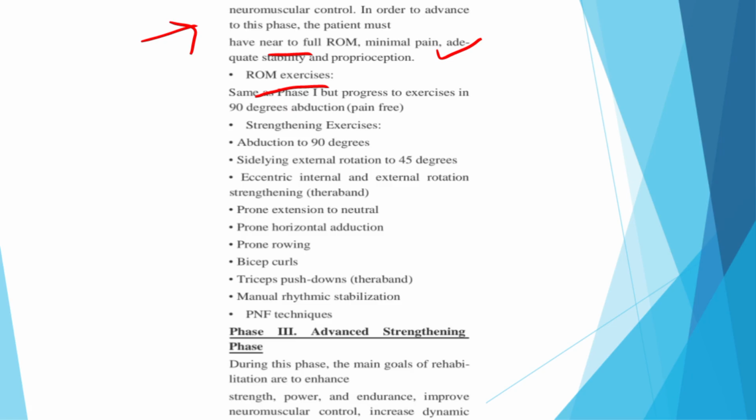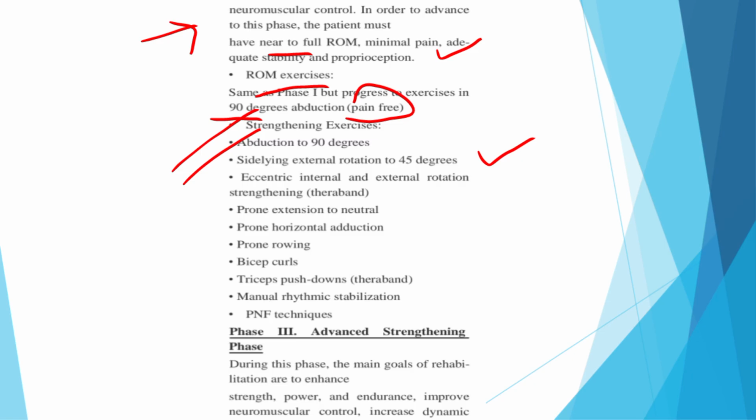Range of motion exercises are the same as phase 1, but progress to exercises in 90-degree abduction if pain free. Strengthening exercises: abduction to 90 degrees, side lying external rotation to 45 degrees. Eccentric means when the muscle is fully lengthened.